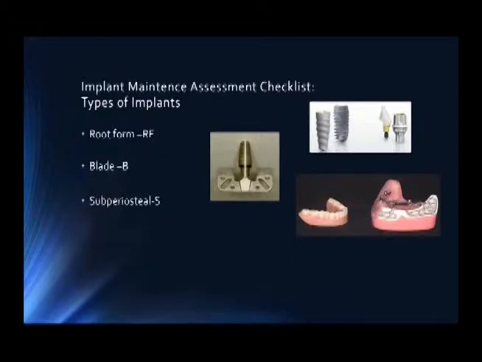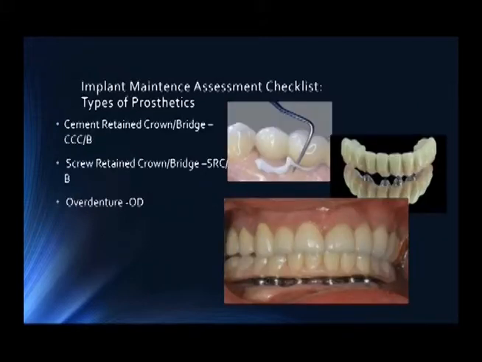The next item on your checklist is you need to know what kind of implant you're looking at. Is it a subperiosteal implant, or is it just a root form implant? There may be a screw retained type of prosthetic, or it could be cement retained. If it's screw retained, is the screw loose?